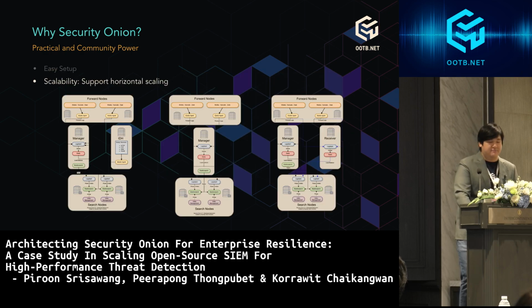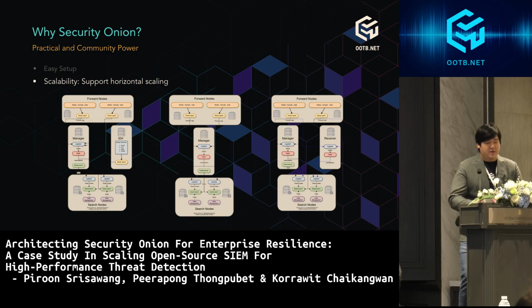In an enterprise environment, one of the biggest challenges we always face is that the data never stops growing. More devices, more logs, more alerts. And if the SIEM cannot scale, it quickly becomes a bottleneck. It becomes slow, ingestion drops, or storage fills up.